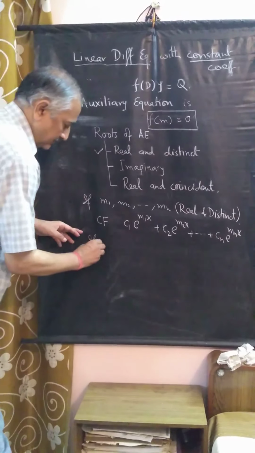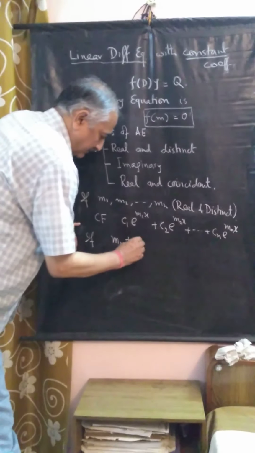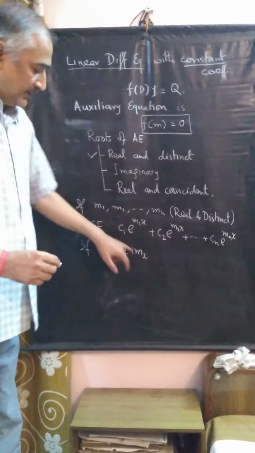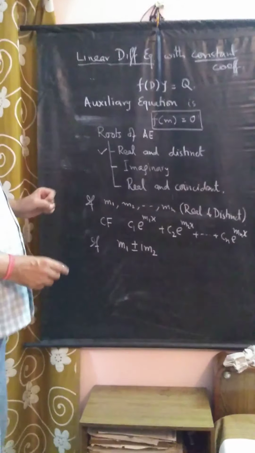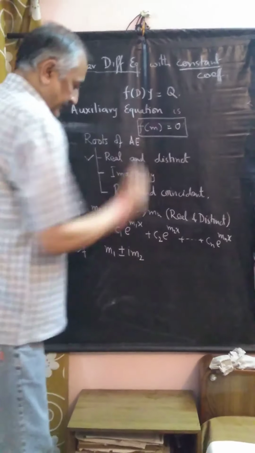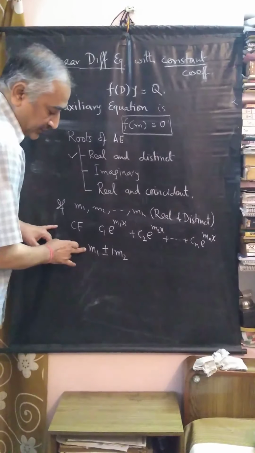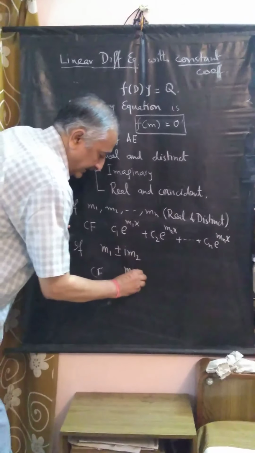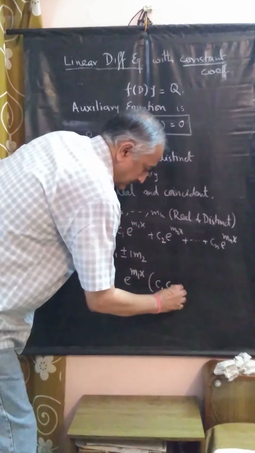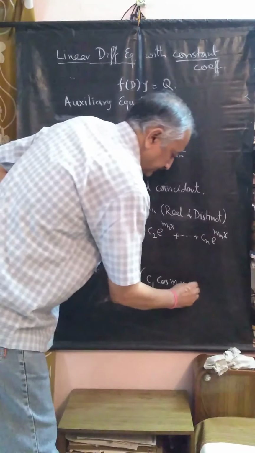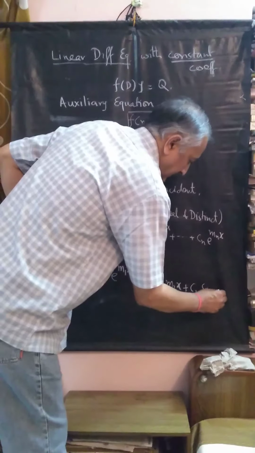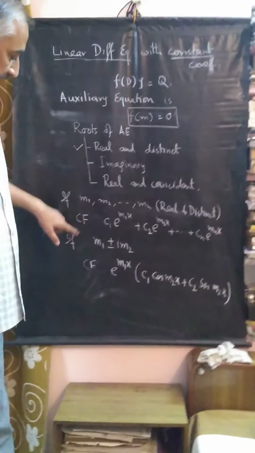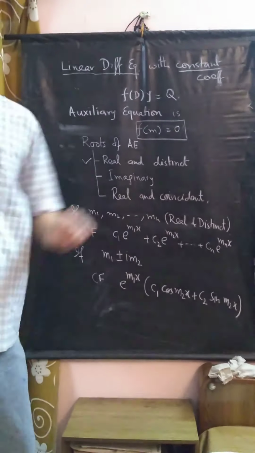So if it's like this, that m1 plus minus iota m2 are two roots, m1 plus iota m2 and m1 minus iota m2 are two roots of the auxiliary equation, then the complementary function corresponding to these two roots will be given by exponential m1x times c1 cos m2x plus c2 sin m2x. c1 and c2 are arbitrary constants, and in here there are c1, c2, cn, all of them are arbitrary constants.